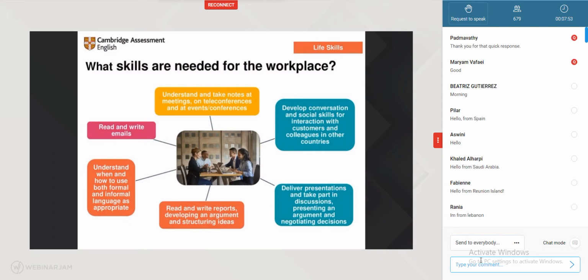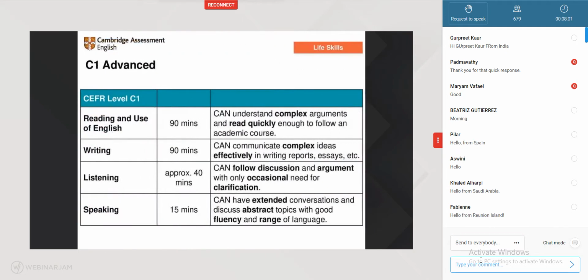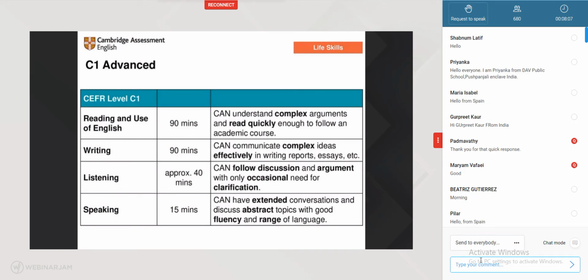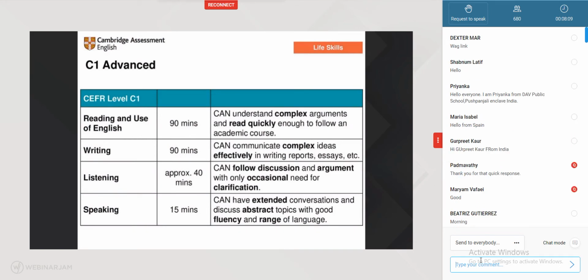Okay, so there are some of the skills that we feel are reflected in C1 Advanced, both academically and professionally. A quick overview of the paper. Reading and use of English is an hour and a half, and students are expected to be able to understand complex arguments, read quickly enough to follow an academic course.